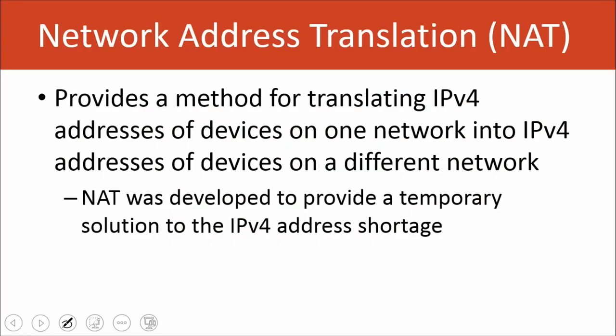I should have said that IPv4 addresses are limited. We actually have more devices than available addresses with IPv4, which is a huge problem. So this allows us to make better, more efficient, more effective use of them. And of course, here's a little bit more information on NAT, stuff I just said. It was developed to provide a temporary solution to the shortage of IPv4 addresses.